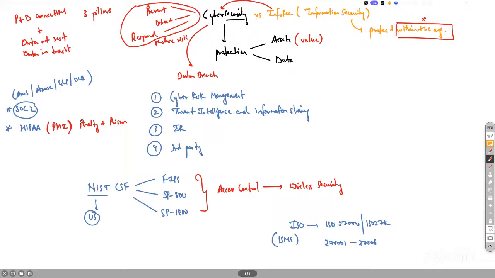And the penalty is pretty huge, to be honest. It can run into millions of dollars. Plus, obviously, there is prison time as well. So HIPAA compliance is a very keen challenge for healthcare organizations.